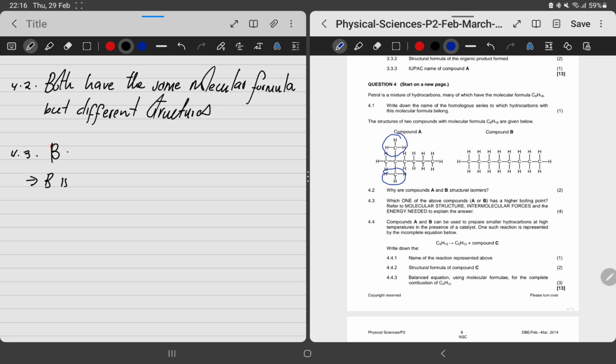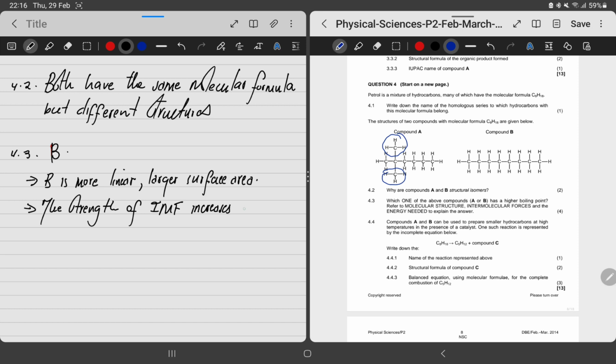B is more linear. This means that it has a larger surface area. That's the first part. And then the intermolecular forces, we will say the strength of intermolecular forces increases with an increase in surface area.